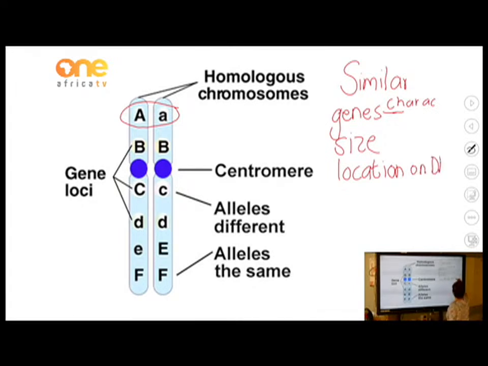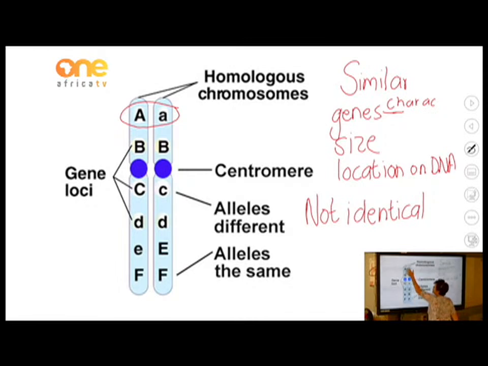In that way, they will be similar, but they are not necessarily identical. Of course, if it is an identical twin, they will be the same. But, no, sorry, not even then they will be the same. They will be the same in the two individuals, but not the same there. These two are not identical.